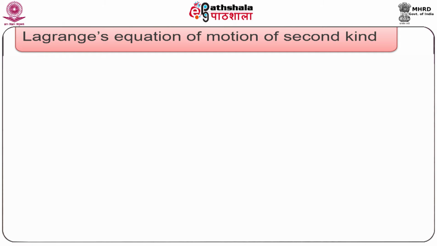But if someone is able to solve this equation, then it provides good results. For this, we need another type of equation which is known as Lagrange's equation of motion of second kind. Let us derive this equation.